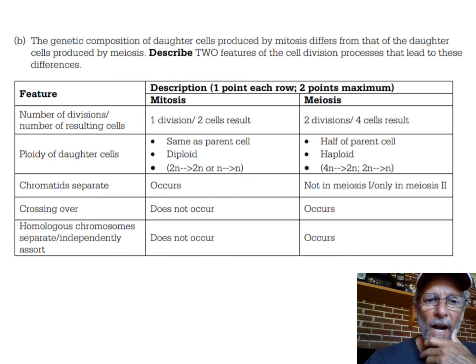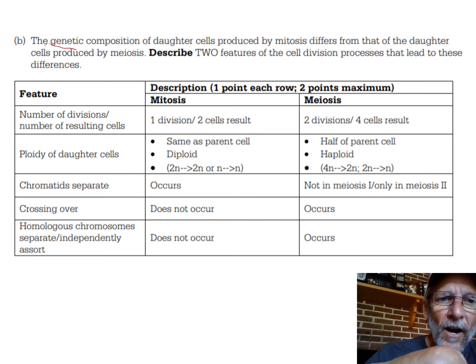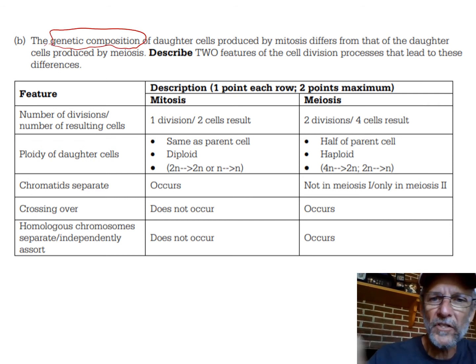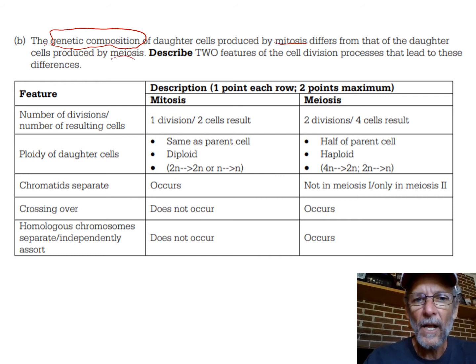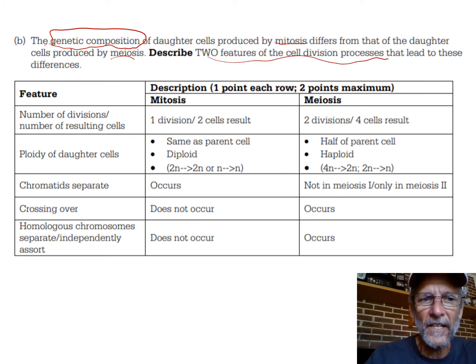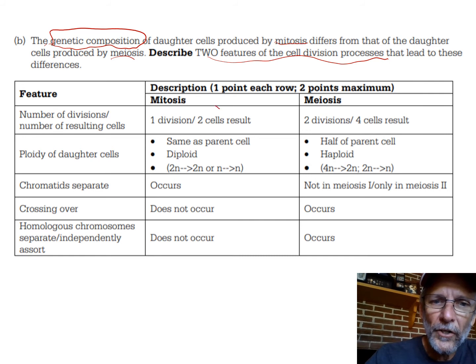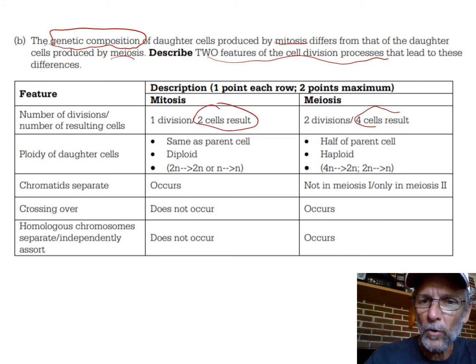Okay, so now, they tell you that the genetic composition of daughter cells is different if mitosis happens compared to meiosis, right? Describe 2 features of the cell division process that lead to these differences. Well, 2 features of the cell division process, right, are you get 2 cells here, you get 4 cells here. Because here you only have 1 division, here you have 2 divisions.